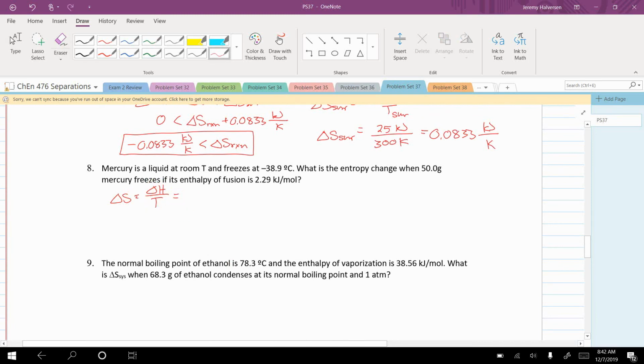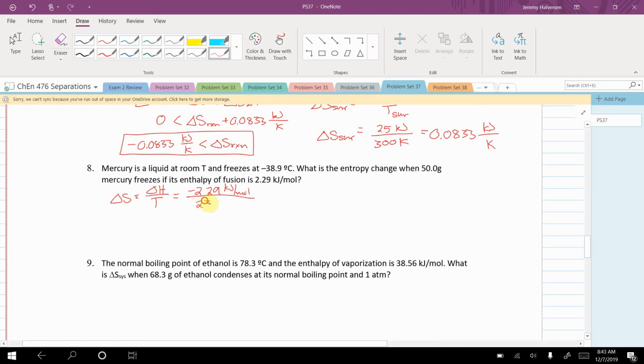It tells me that its enthalpy of fusion is 2.29 kilojoules per mole, but that's not my delta H because fusion is melting, and I'm not melting the mercury, I'm freezing it. So my delta H is actually going to be the negative value of that. And the temperature of my phase change is negative 38.9.